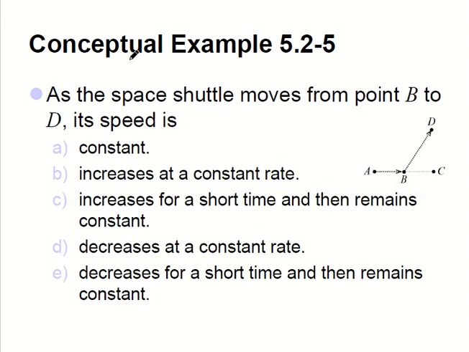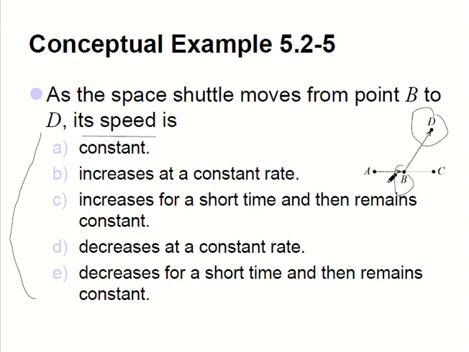Okay. As the space shuttle moves from point B to D, now we're going to go from here, and this is combined, right? So now we have to understand many different conditions here, and we are going to concentrate on the speed of that space shuttle.